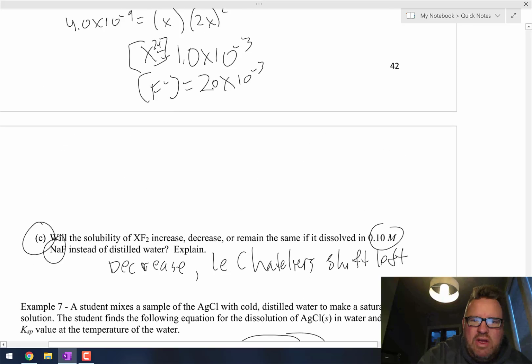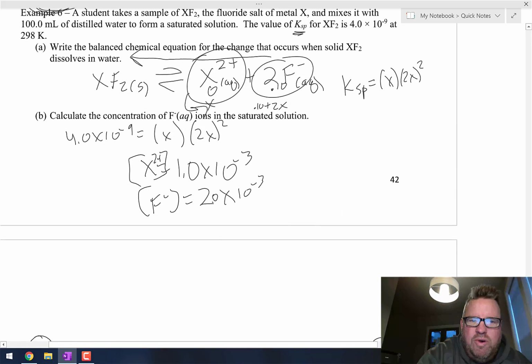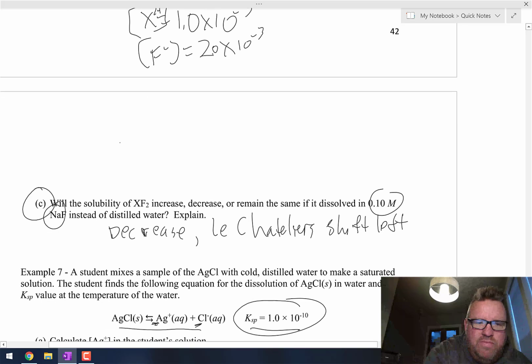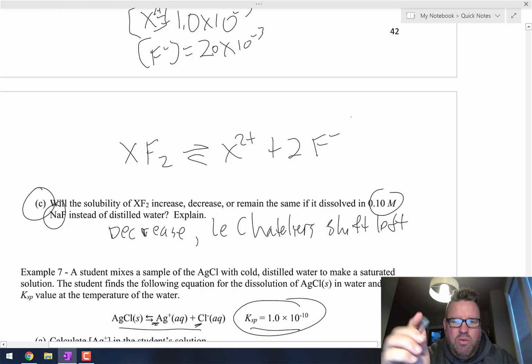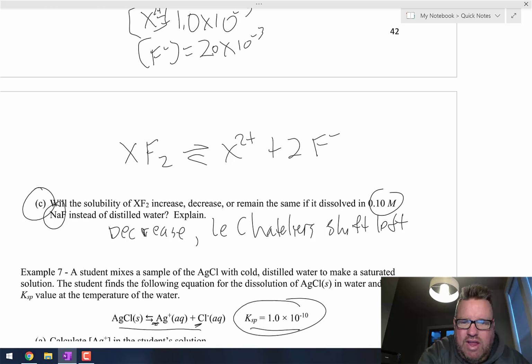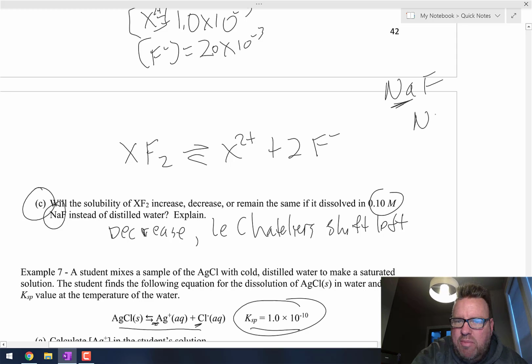For example, in this problem, it was XF2 in equilibrium with X2+ and 2F minuses. What happened here is instead of dissolving it in water, they dissolved it in NaF. And NaF, because it is an alkali metal, is going to break apart into Na+ and F minus.